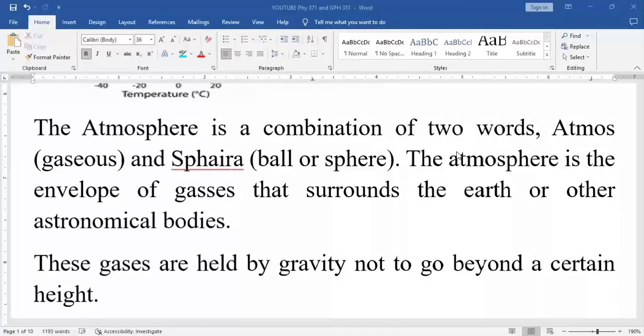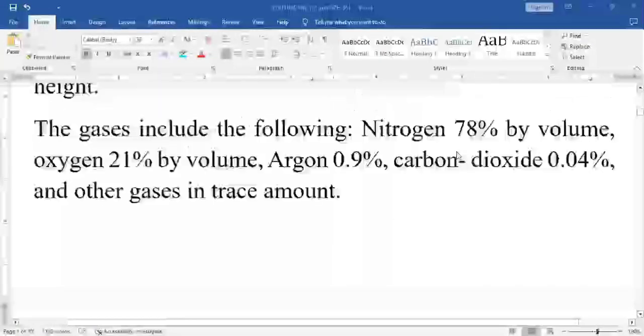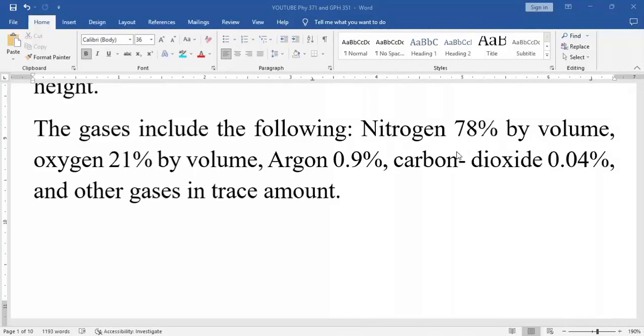The gases are held by gravity not to go beyond a certain height or altitude. The most abundant gas in the Earth's atmosphere is nitrogen, and it occupies about 78% by volume, followed by oxygen, which is about 21% by volume.